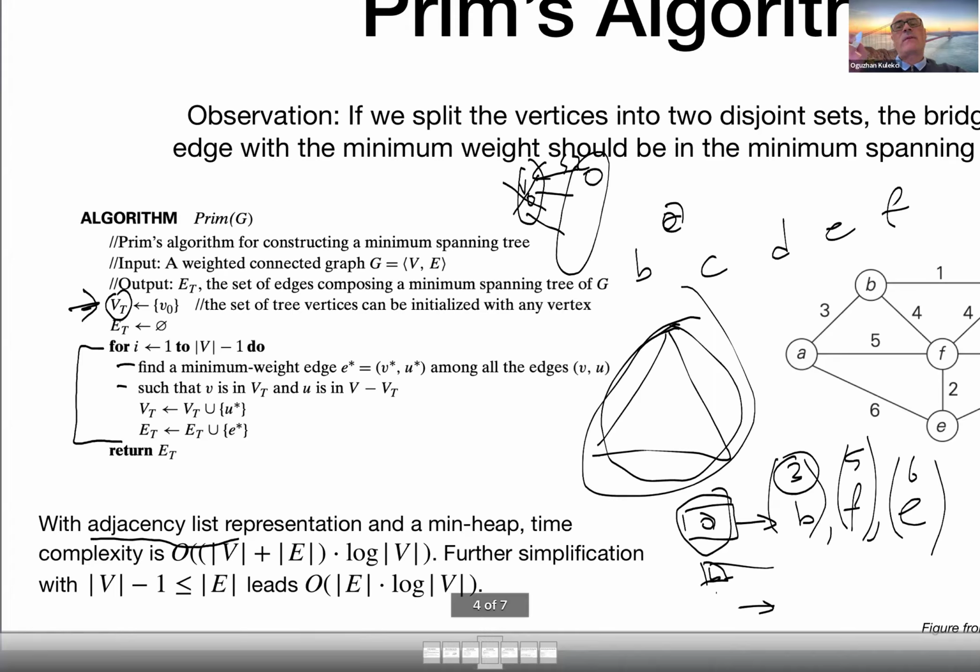Maybe this guy has a minimum weight edge, but this edge is not a bridging edge. So that means whenever I pick the minimum guy from this heap, I should check whether its priority is correct. Its priority would be correct if that priority represents a bridging connection. If it is not a bridging connection, then it is not correct, and it should be updated.